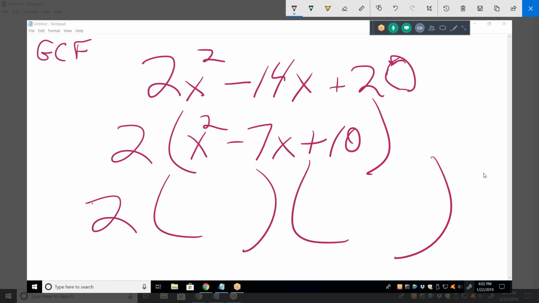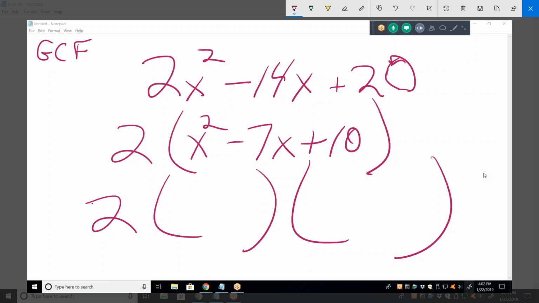I don't want you to try to do this in your head all in one step. You want to do it in the steps that I give you. The first step is what? Greatest common factor. We've already done that. So now we're dealing with x squared minus 7x plus 10.